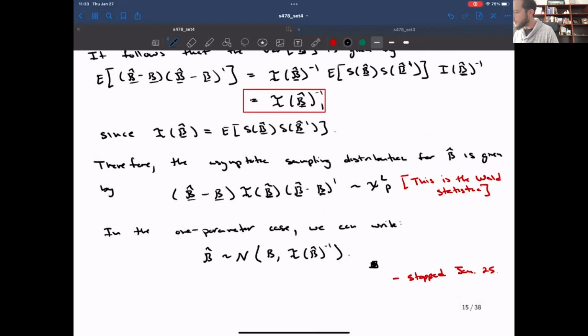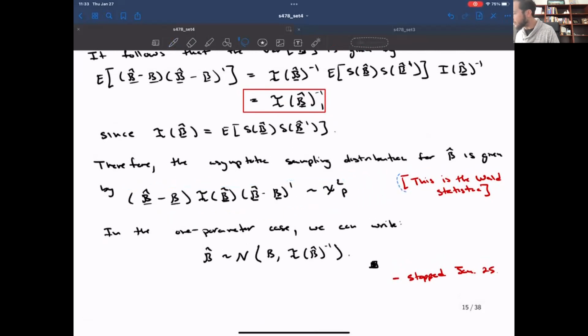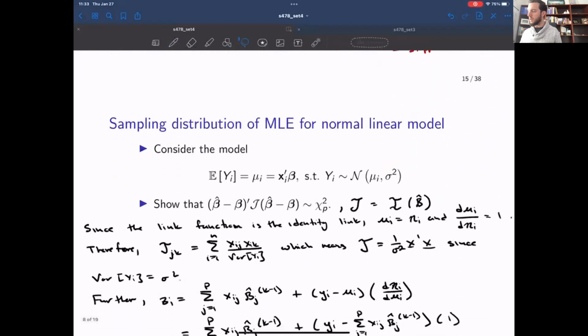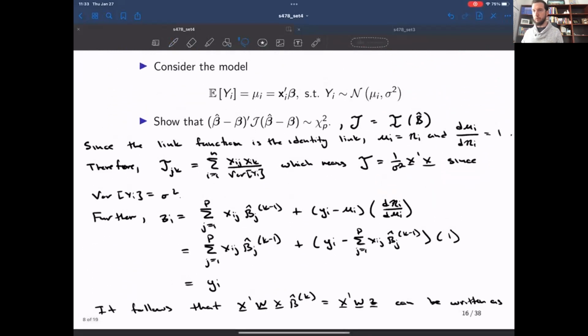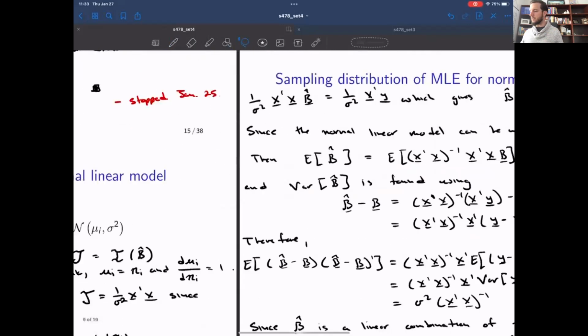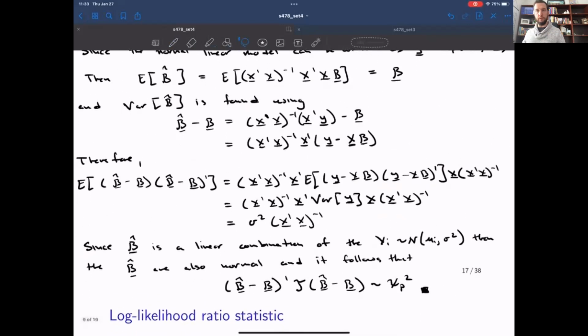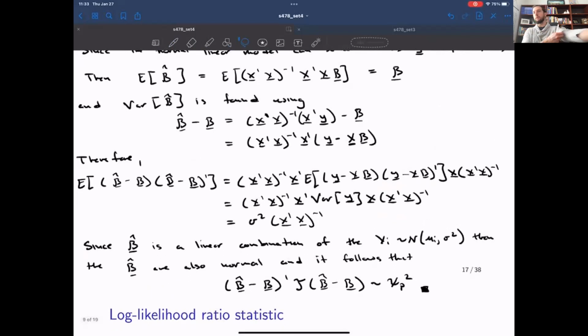Now, the illustration that we just worked through in the case of the normal linear model was essentially an example of how we can derive the same result in a simplified case, where the response variables are normally distributed. Through the GLM estimation scheme we derived earlier, we end up with the exact same result as solving directly using the properties of the normal distribution.